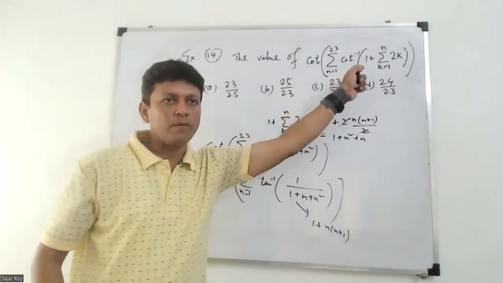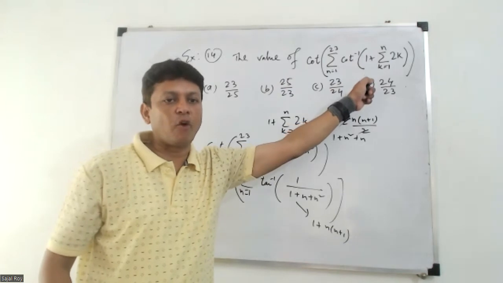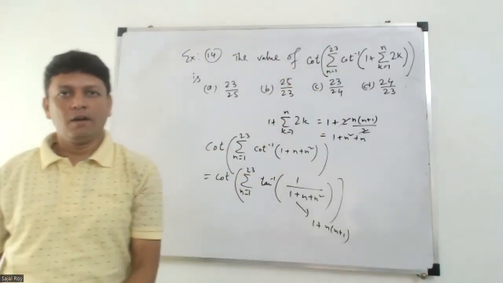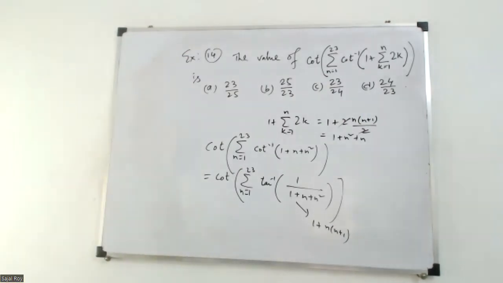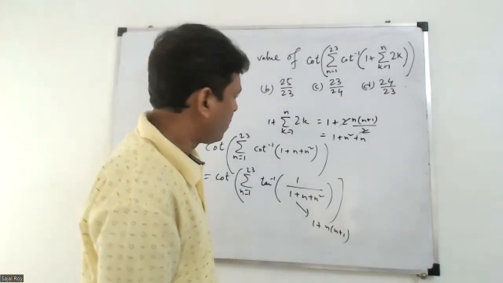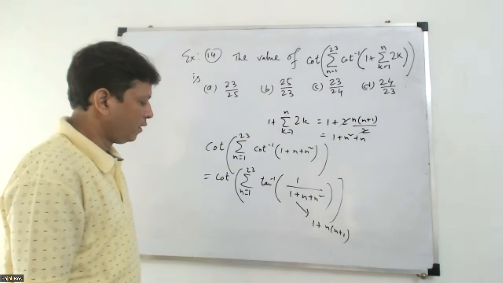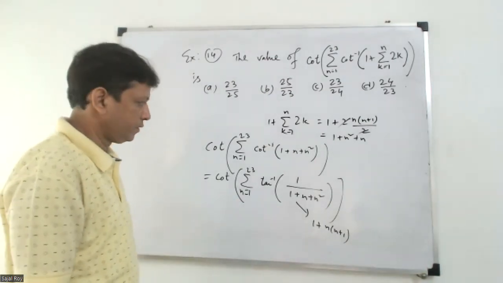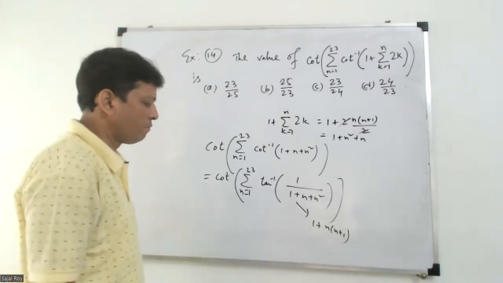The same problem in a different form. So it's just like old wine in a new bottle. Okay, got it? Understood? Yes, sir. Here there are just the values like n equal to 1 to 23, that's it. Exactly. But the rest of the problem is same.